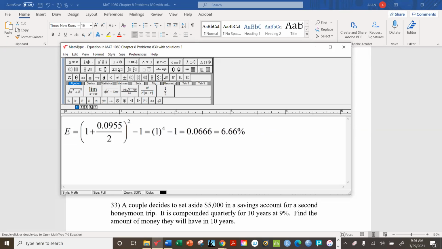All right, so in the parentheses we have 1.04775 raised to the 2nd power, and we have 0.09778 or 9.778%. Very good.